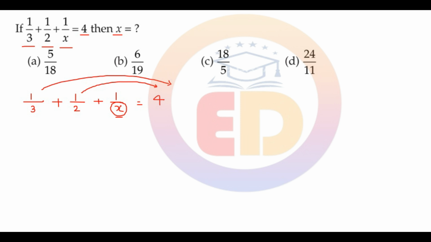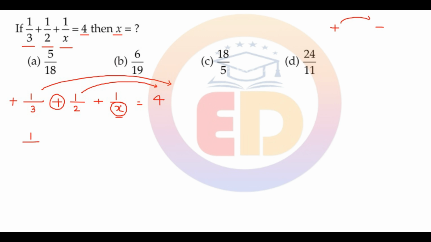And when I take these terms from the left hand side to the right hand side, remember their sign will change. 1 by 2 is in plus sign. When you change its side, the plus sign will become a minus sign. Similarly, 1 by 3 has no sign. Remember, no sign means plus sign. When you change its side, it will also become from plus to minus. I will show you how it will look.